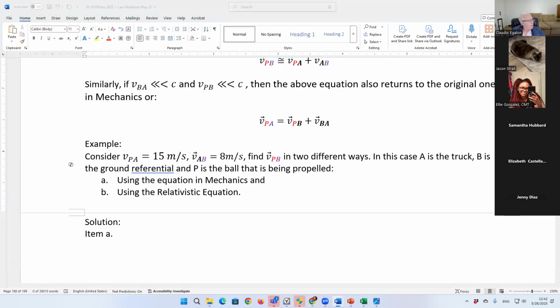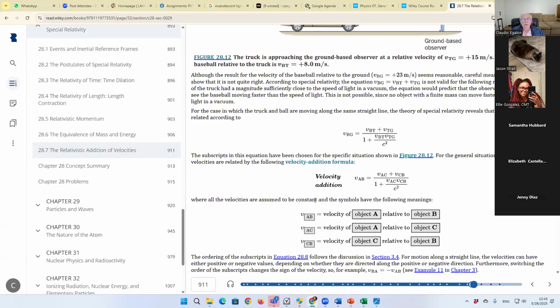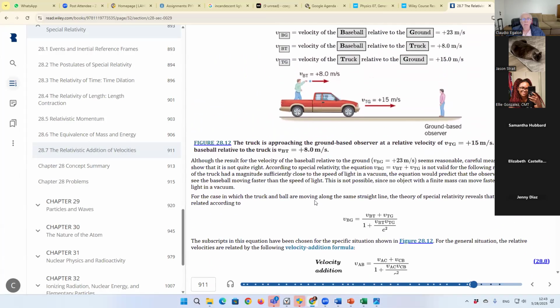Find VP of B in two different ways. In this case, A is the truck, B is the ground referential, and P is the ball that's being propelled. I'm referring to this example here in the book.